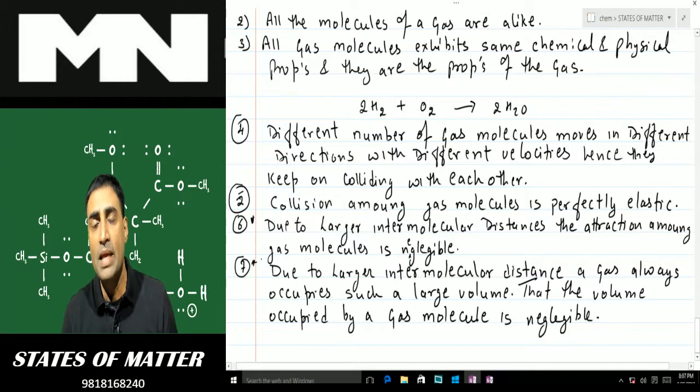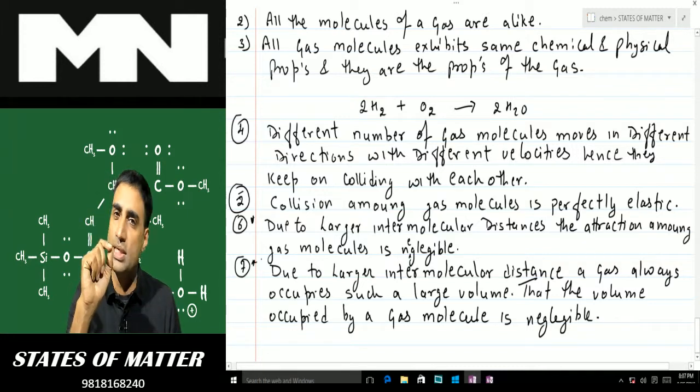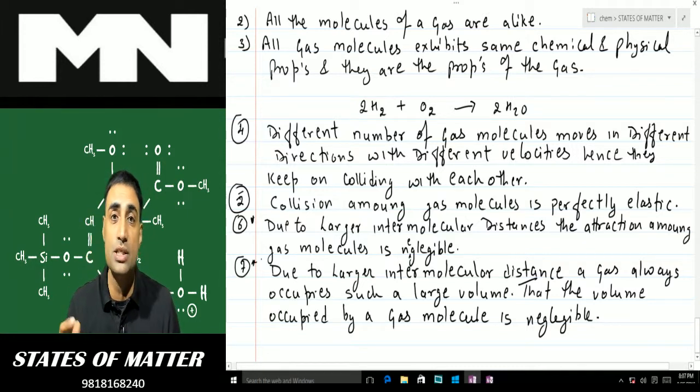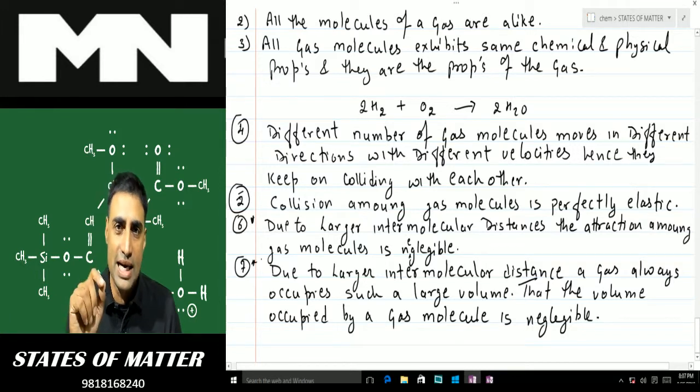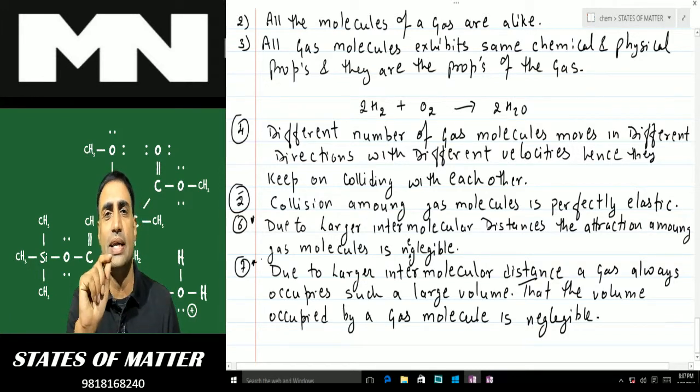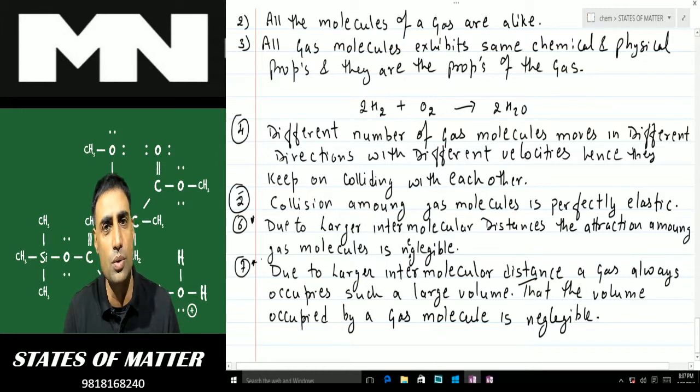Likewise, the volume occupied by a gas molecule is negligible only when the volume of the gas is very large. If the volume of the gas is lesser, we can no longer neglect the volume occupied by a gas molecule. So these two assumptions were faulty and they were corrected by Van der Waals.